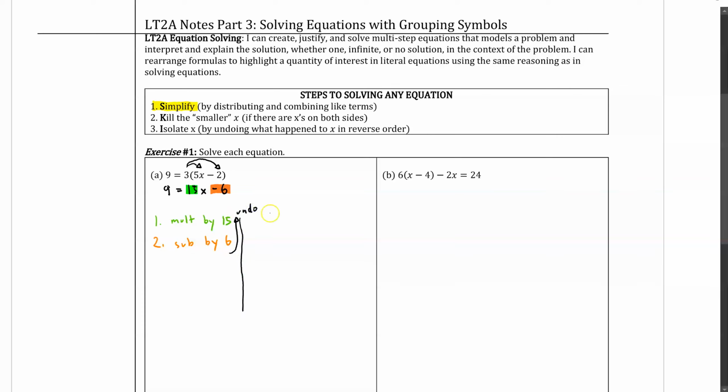And so writing down the problem, we have 9 equals 15x minus 6. First, we undo the subtraction by 6 by adding 6 to both sides, which gives us 15 equals 15x. And then next we undo the multiplication by 15 by dividing both sides by 15. So on the left-hand side we have 1, and on the right-hand side we have x.